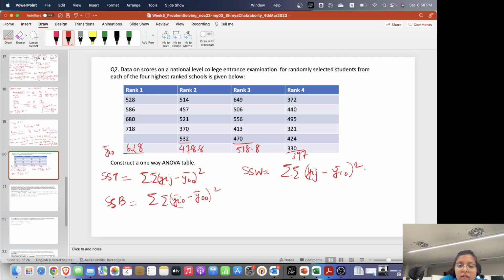Okay, so we have the yi naught bars. So what will be y naught naught bar then? 4 into 628 plus 5 into 478.8 plus 5 into 518.8 plus 6 into 397, divided by the total number of observations. What is the n over here? 4, 9, 14 and 6 makes 20.